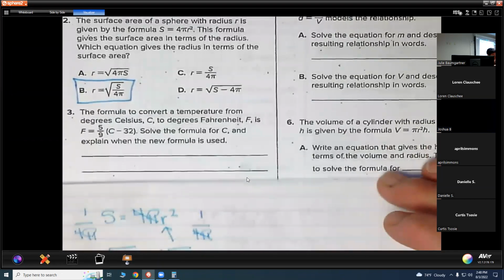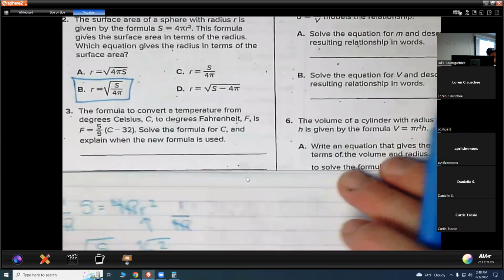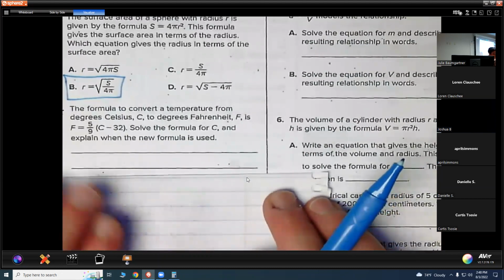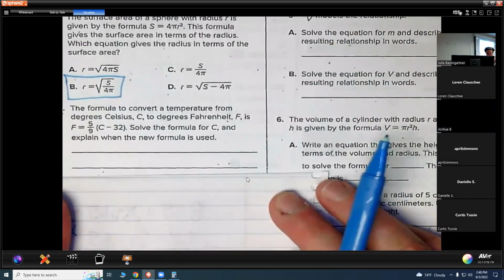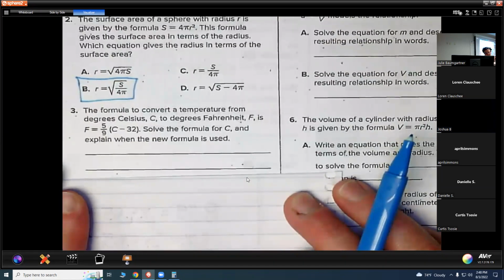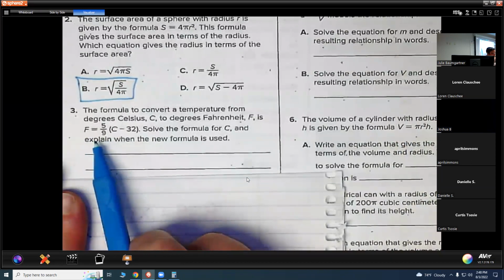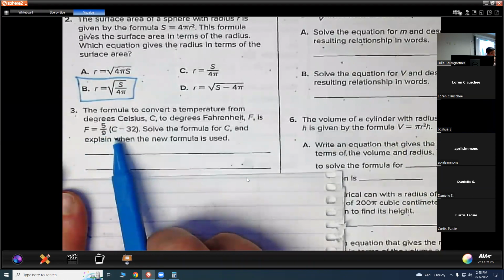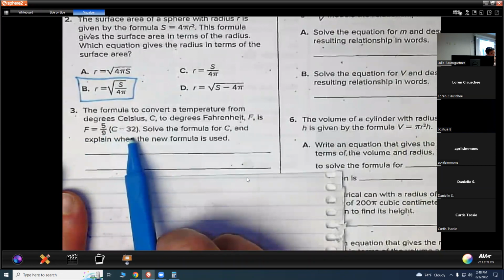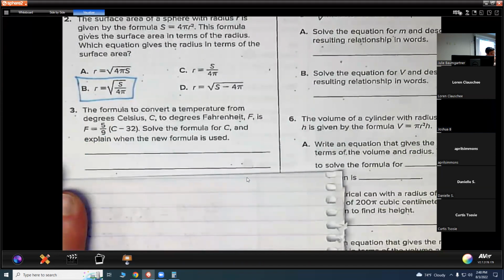All right. So number 3, the formula to convert a temperature from degrees Celsius to degrees Fahrenheit is: the temperature in Fahrenheit is equal to 5/9 the degrees in Celsius minus 32.